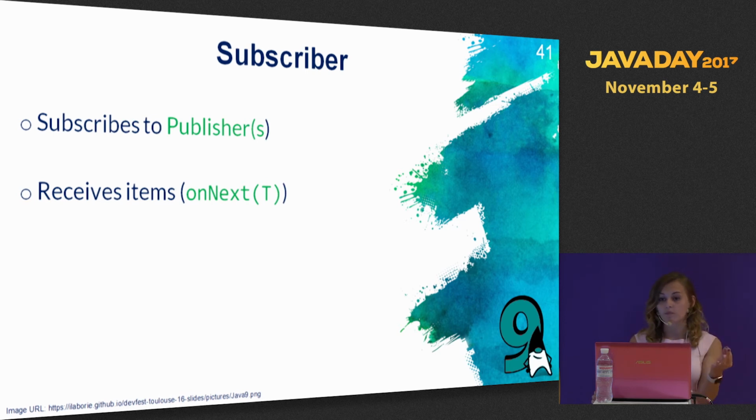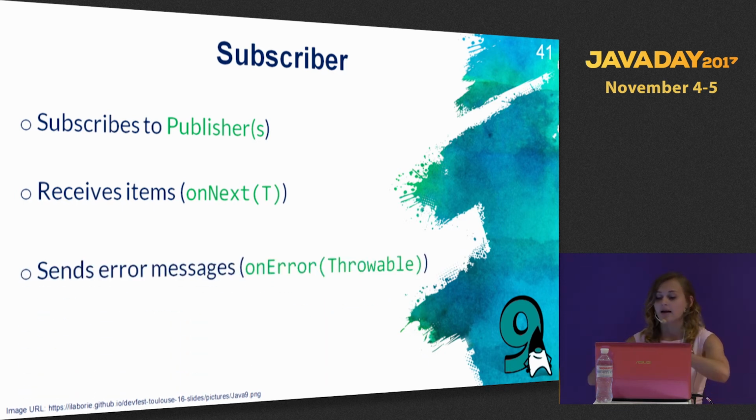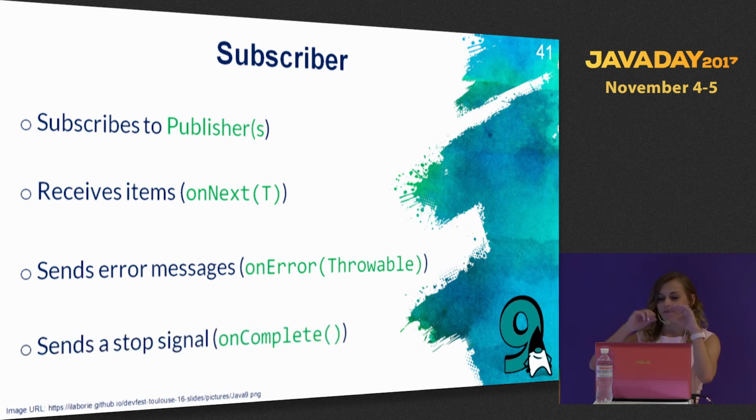So we can see the pull model here. But then when a publisher starts producing the items, there is a bit of a push model here because when a publisher calls submit, it also calls the onNext method when the subscriber signals that it is ready to consume more messages. In case of error, the onError method is invoked, and if the publisher stopped sending messages and the subscriber is through, it received everything it wanted, the onComplete method is called.